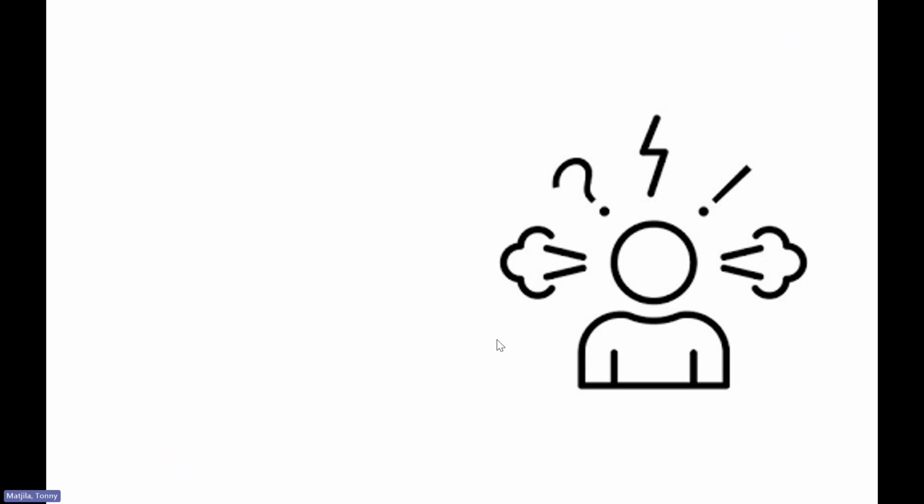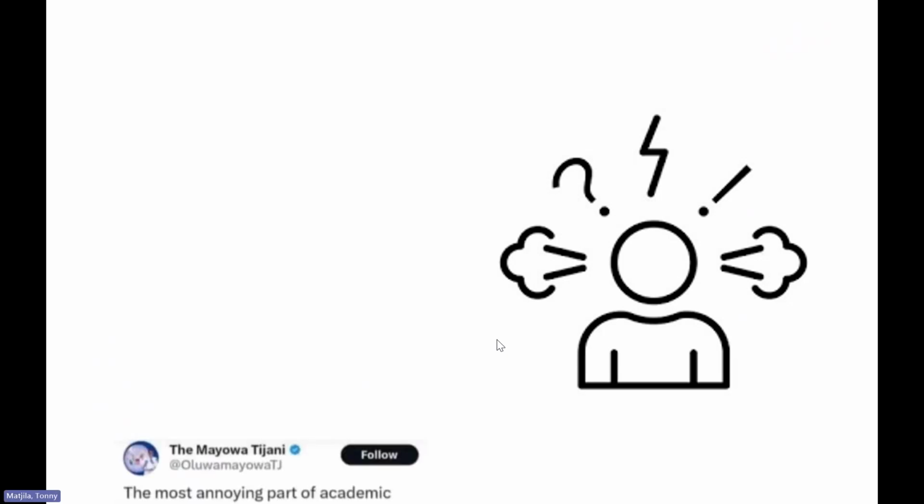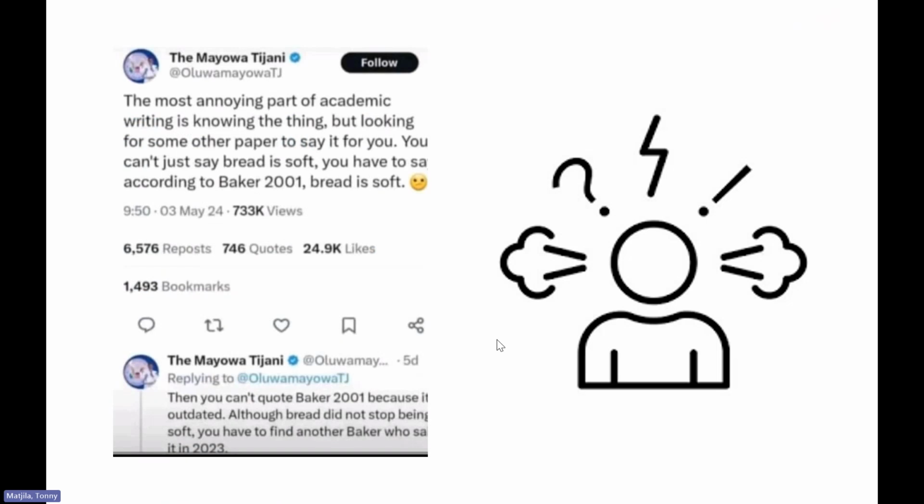And most of you might be frustrated. When I was preparing for this workshop, I saw something that I wanted to share with you. There is this student who said in a tweet, the most annoying part of academic writing is knowing the thing, but looking for some other paper to say it for you.